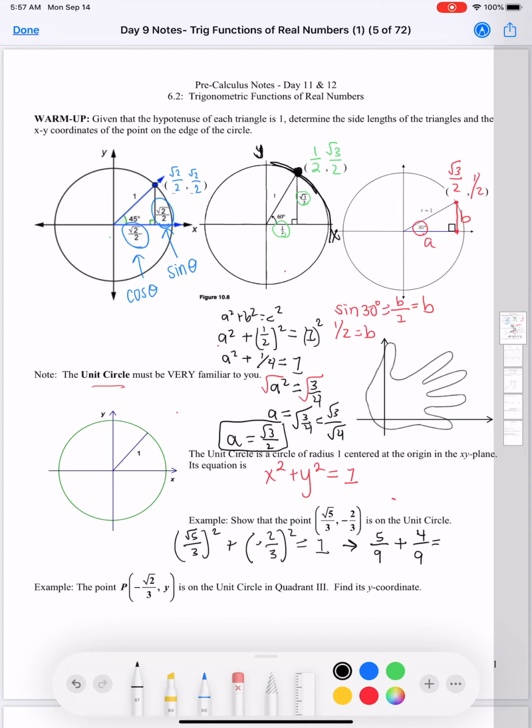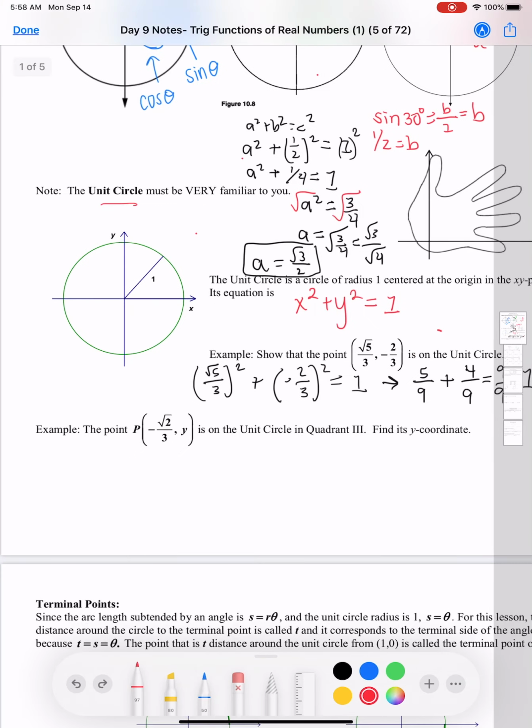We'll add these together. Remember, we leave the denominator the same when adding fractions. Since we have a common denominator, we can just add straight across the top. And 9 over 9 does indeed equal 1. And so the fact that we just showed that this does equal 1 means that yes, this is on our unit circle.